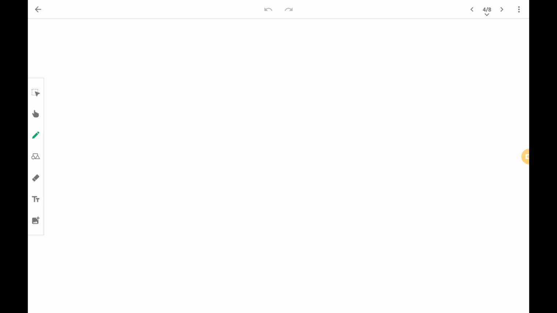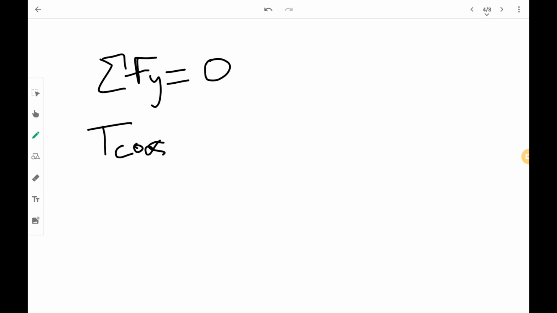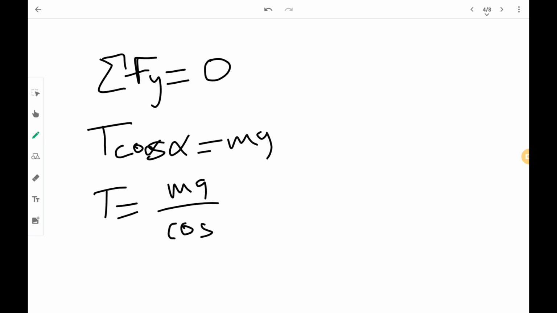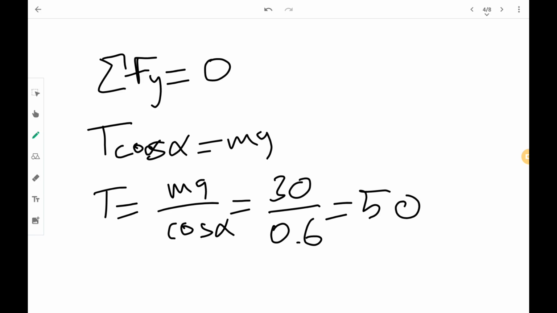So from here you can use net Fy equals 0. So the tension times cosine alpha is equal to mg. The tension will become mg over cosine alpha, which is 30 over 0.6. That will give you 50.